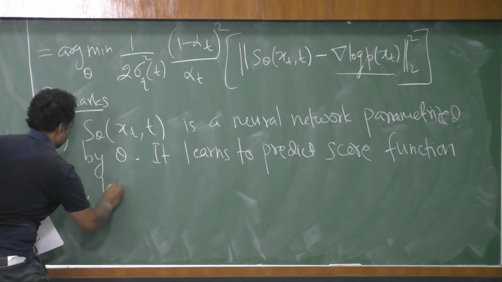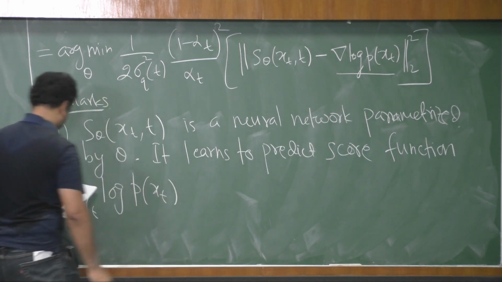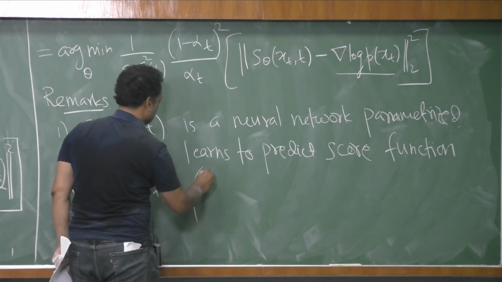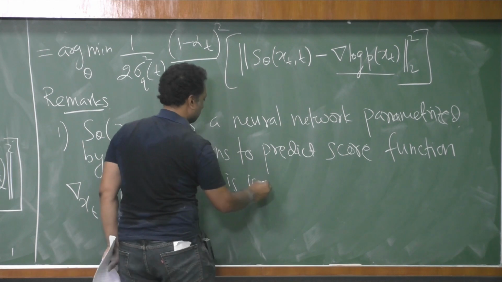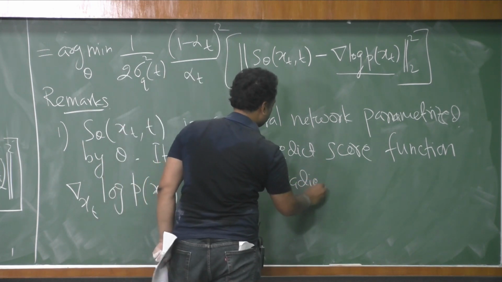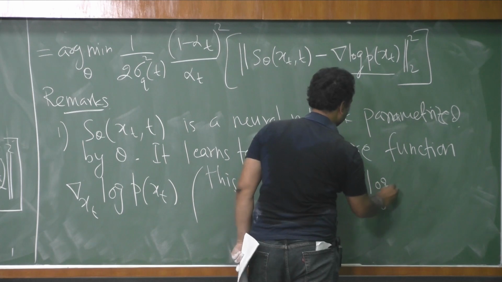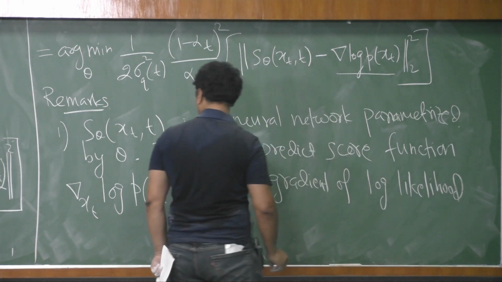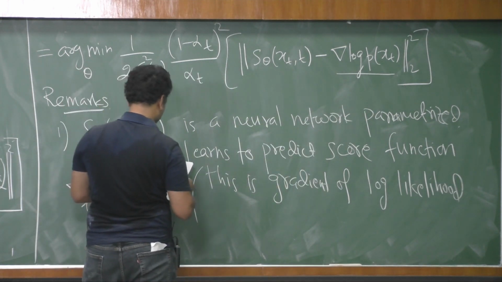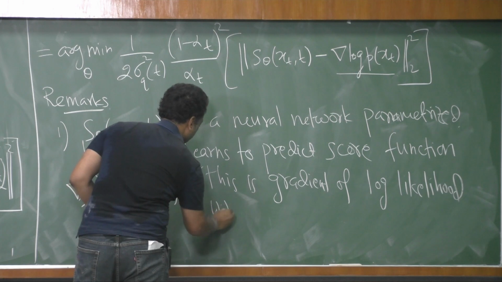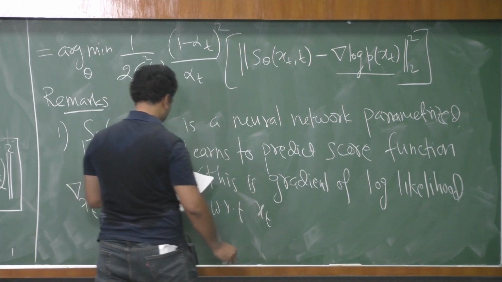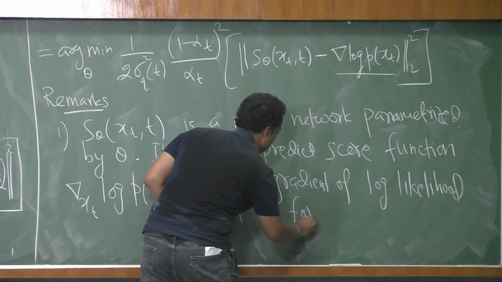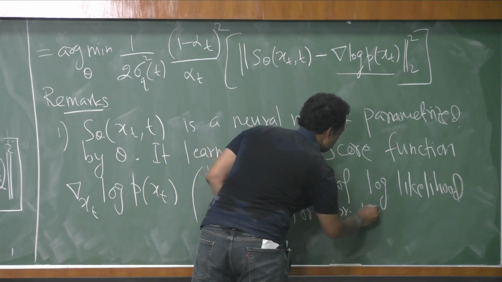This is the gradient of the log likelihood with respect to x_t, obviously, for arbitrary noise level t, right? So t is arbitrary.